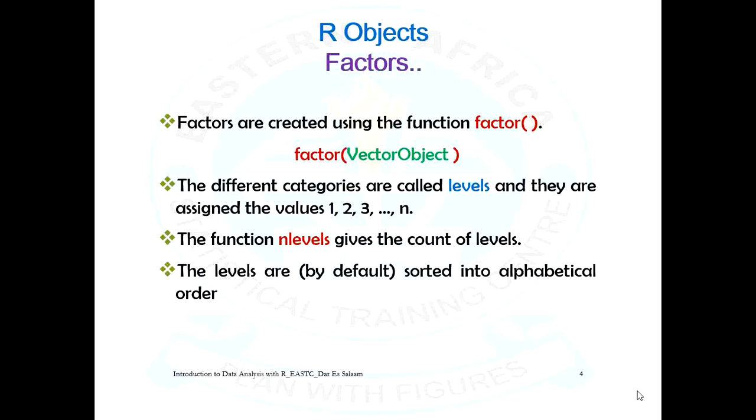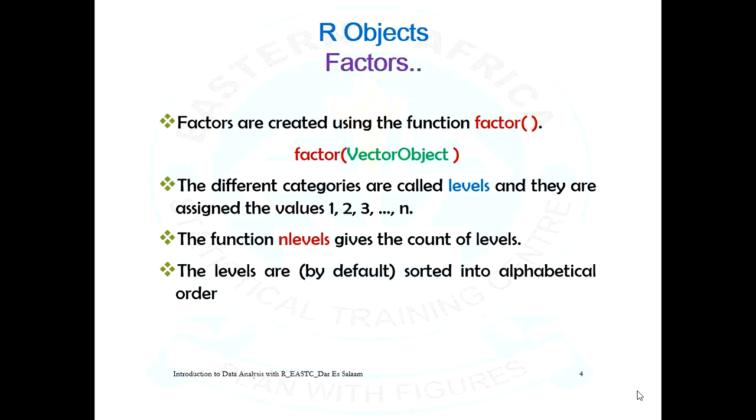Now, when creating factors, we use the function factor. You open and close brackets, and in the brackets you type the vector object which you need to make a factor variable. You may have your vector already, with some entries or categories, and then you need to make that particular vector a factor.